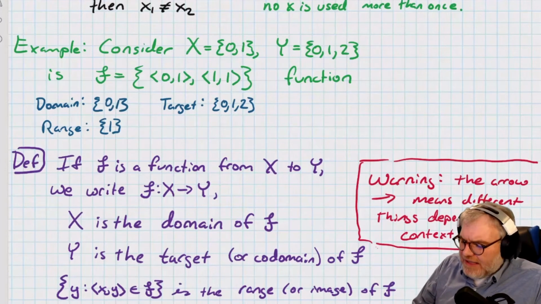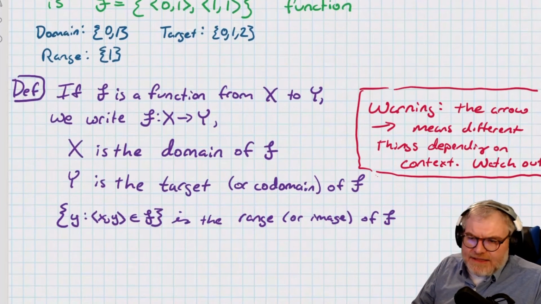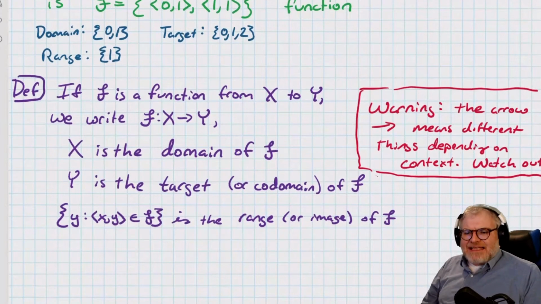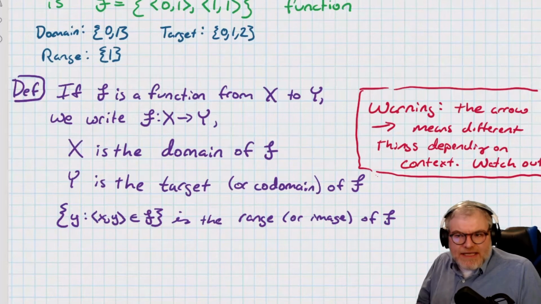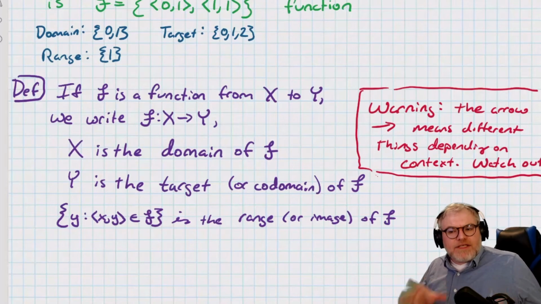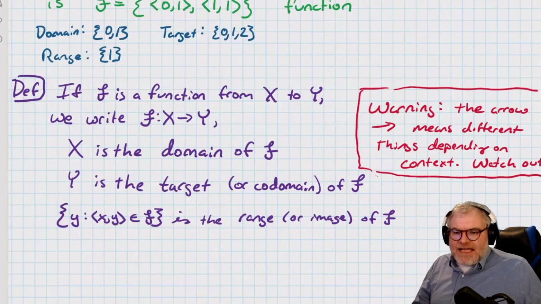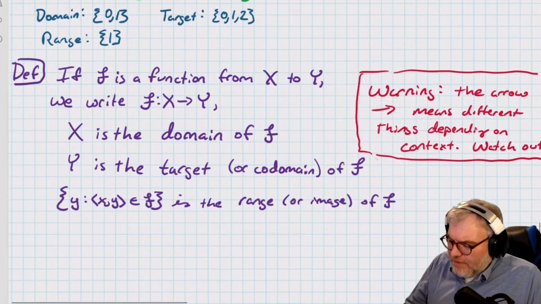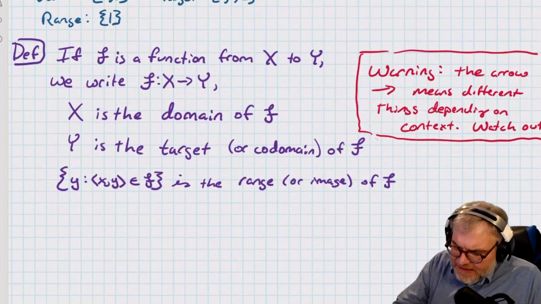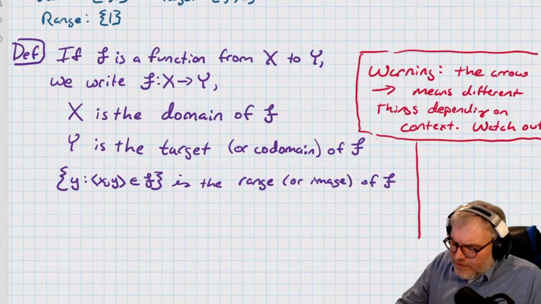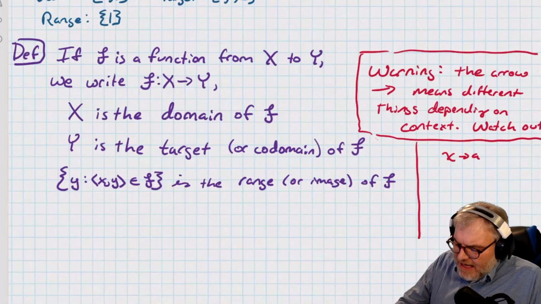Just a caveat. This arrow is going to mean a lot of different things in calculus. I want to say it's like a homonym in English, right? Math is a language, and the arrow is overused. In this context, this arrow means f takes values from X and transforms them into Y. Later on, we're going to have x goes to a, which says x is heading to a.